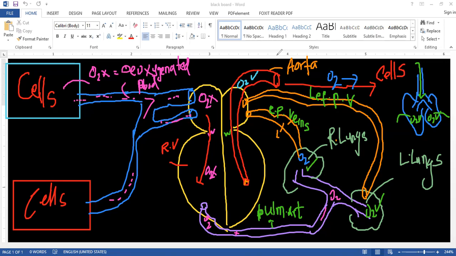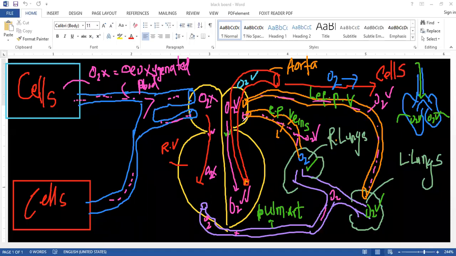Now this blood is oxygenated blood because it went to the lungs, so oxygen is present and it goes there. Now this blood has oxygen. Oxygenated blood is coming through here. Oxygen is present.